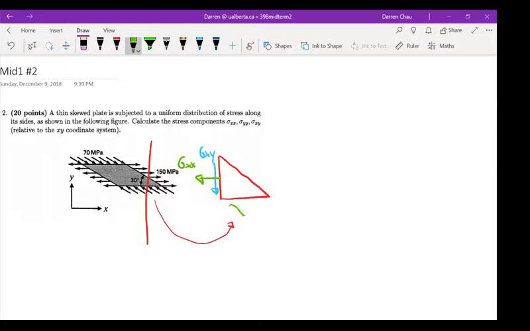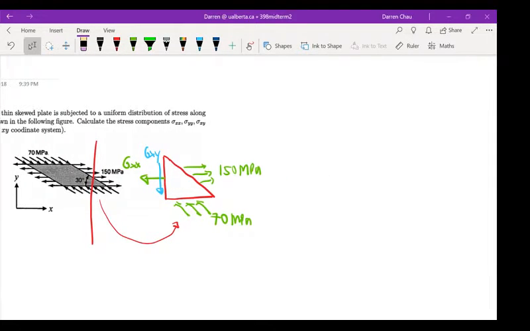There's also 70 megapascal in this orientation and 150 megapascal in that orientation. By definition, sigma yy is the stress perpendicular to a plane.